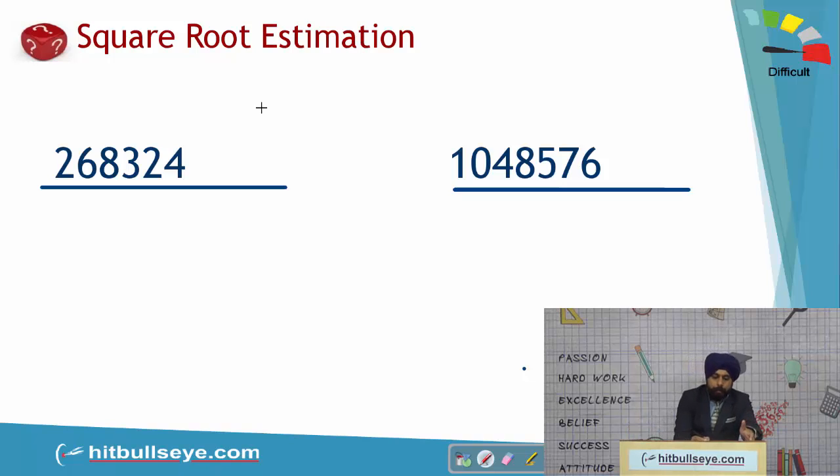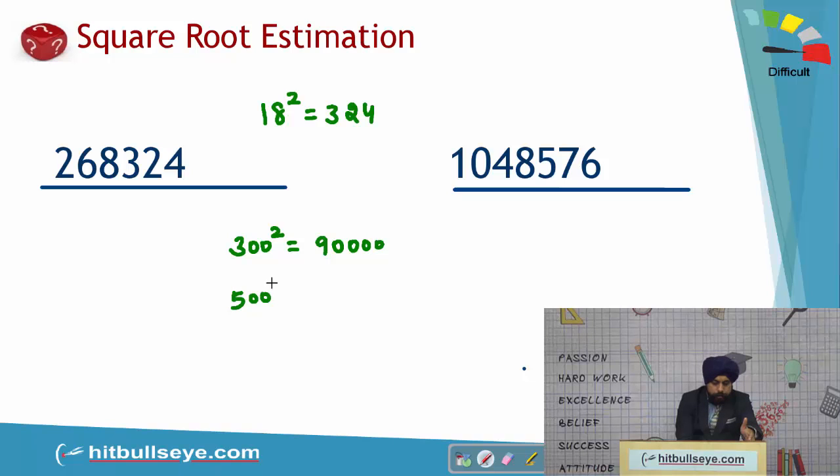After that, just the last two for your extra practice. See 324. We know 18 square is 324. So 18 is involved. Let's take a range here. How much is the square of 200? We know it is 40,000. Square of 300, it is 90,000. So we have to go much more than this. Say I take the square of 500. It is 2,50,000. We reached close. So a little more than that.